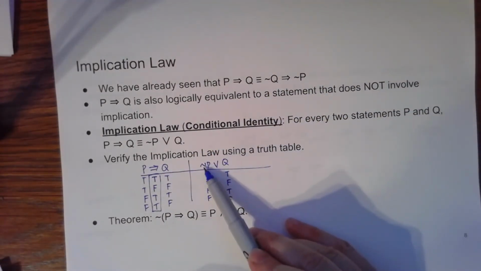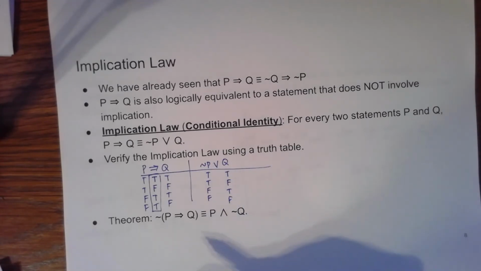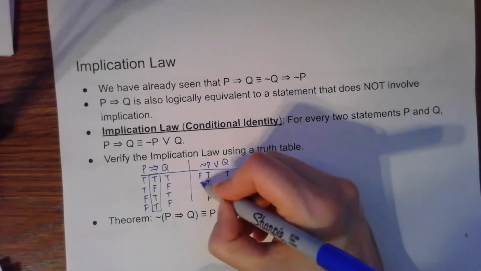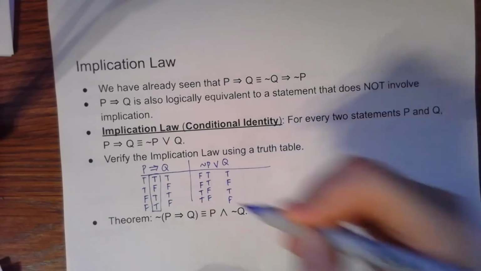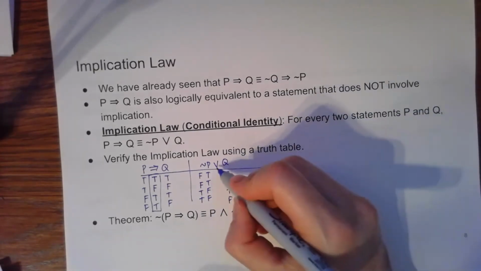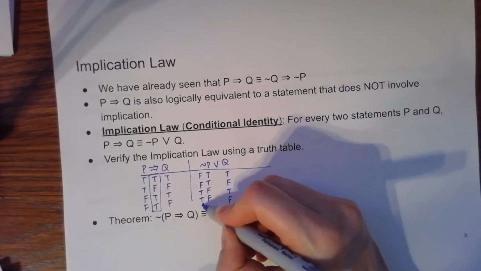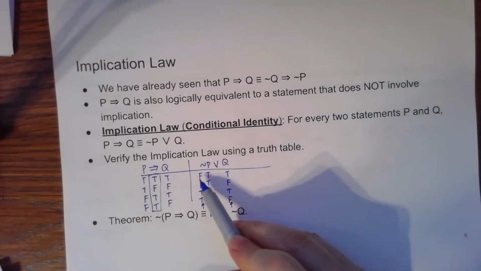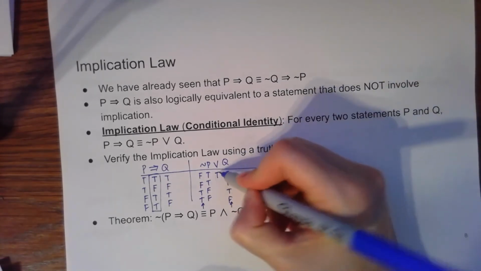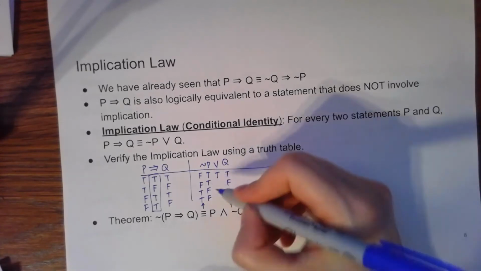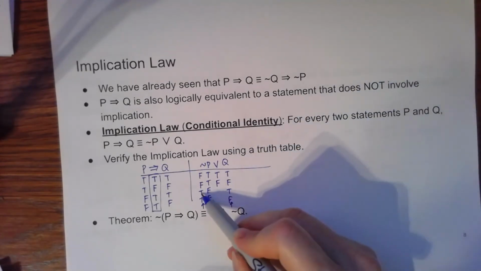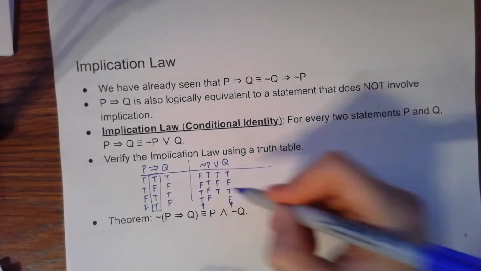The not has the highest precedence, so we have to do the not first. So this will become false, false, true, true. And then the two things that we will be ORing together are these right here. So we'll do false or true is true. False or false is false. True or true is true.